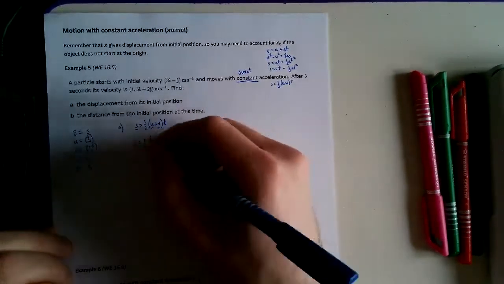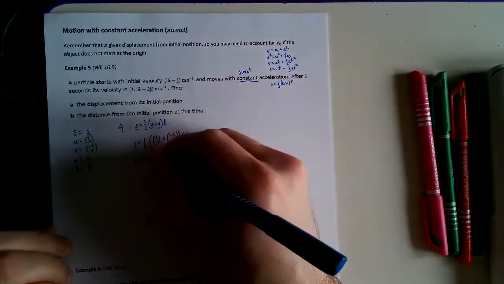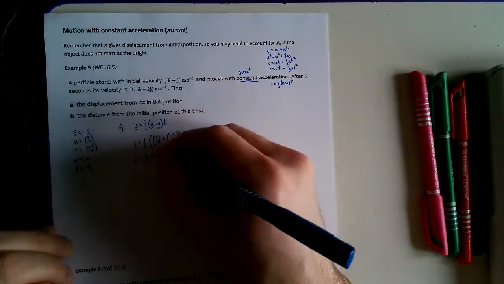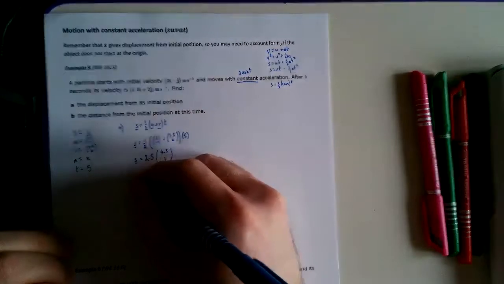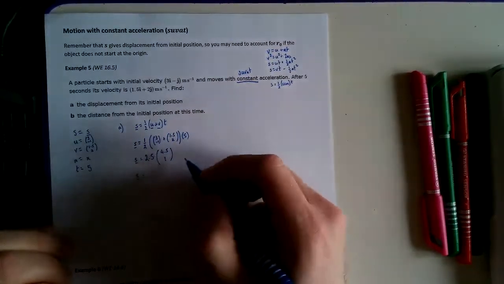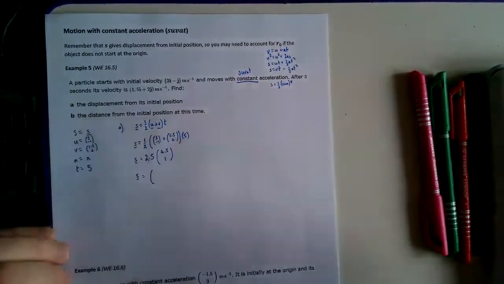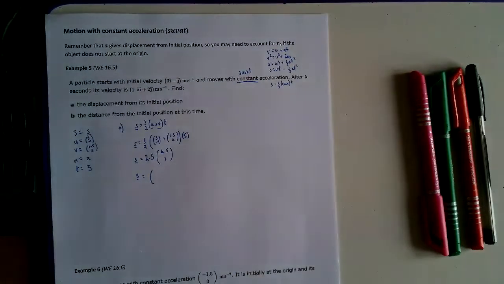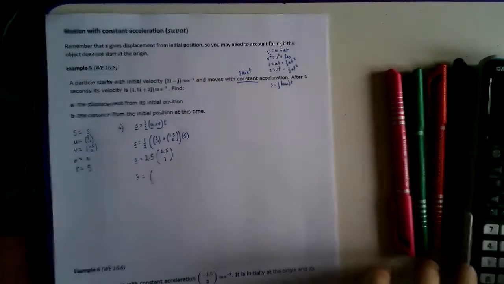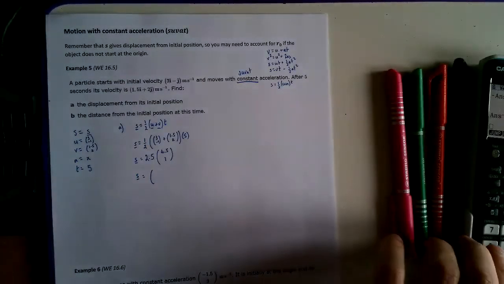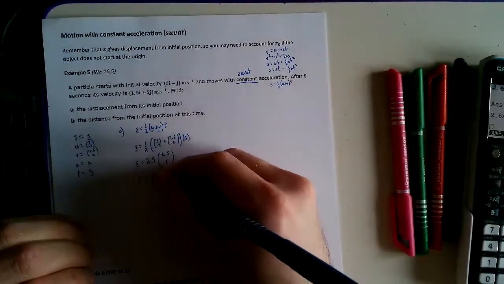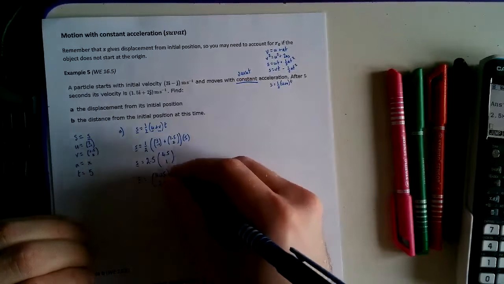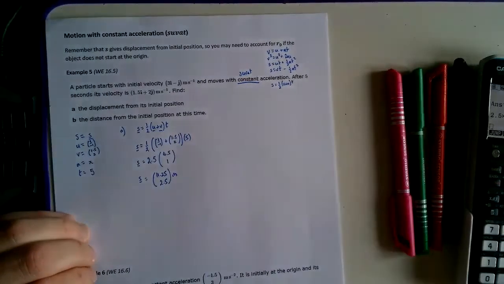So a half times 5 is 2.5, times 3 add 1.5 is 4.5, minus 1 add 2 is 1. So S equals, well, I could leave it as that, or I could multiply it out. So 2.5 times 4.5. If I left it as fractions, I could do that quick in my head. 2.5 times 4.5 is 11.25, and 2.5. So that's its displacement.